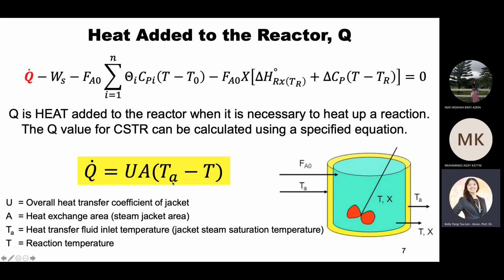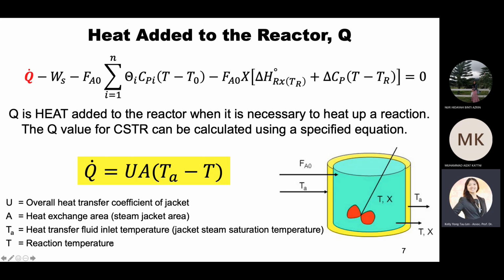Then in bracket Ta. So Ta ni adalah heat transfer fluid inlet temperature. So let's say dalam case ni kita buat assumption kita guna steam, so it must be at the steam saturation temperature. So Ta is steam saturation temperature, and T is your reaction temperature.